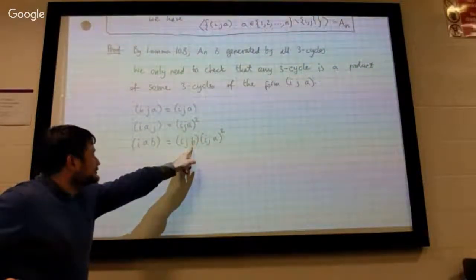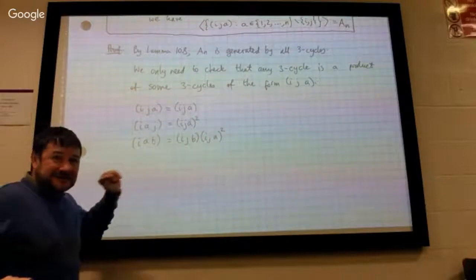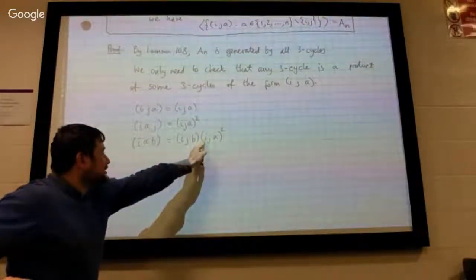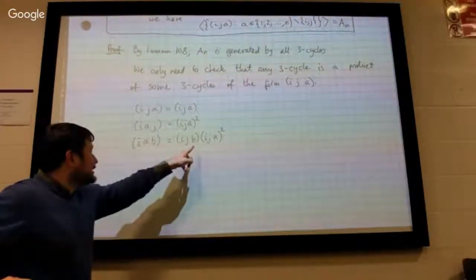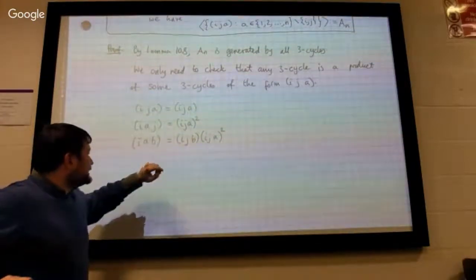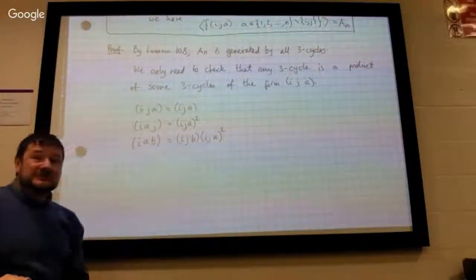We'll have to do the square bit first. So i goes to a, a goes to j, goes to b. Where does b go? b is not there, so b goes to i, so that's this. And where does j go? j goes to i, goes to j, so it's correct.